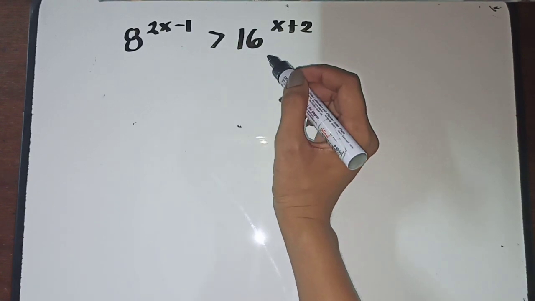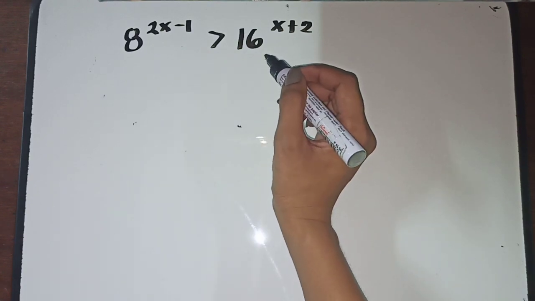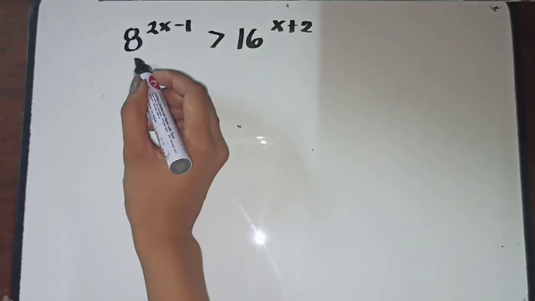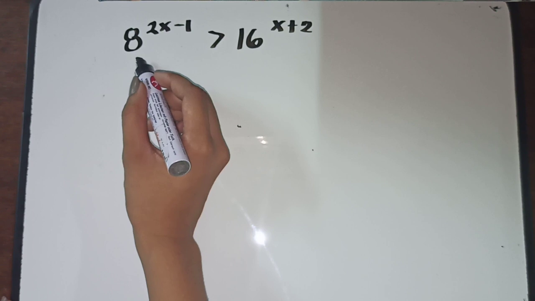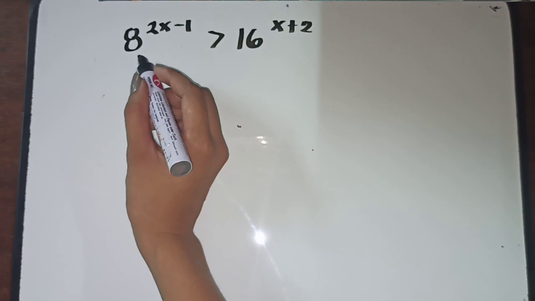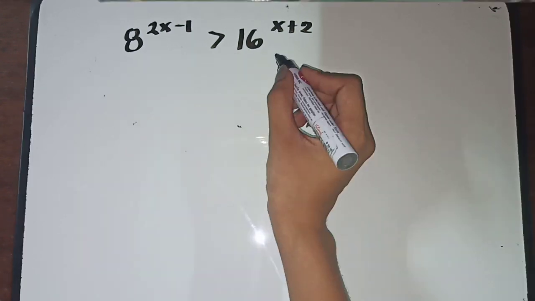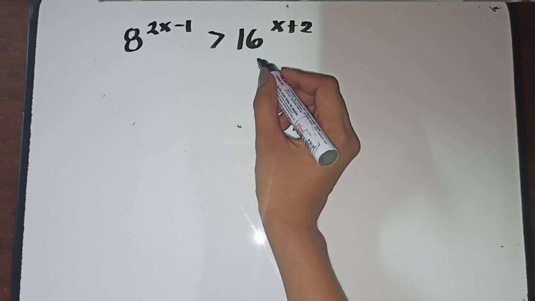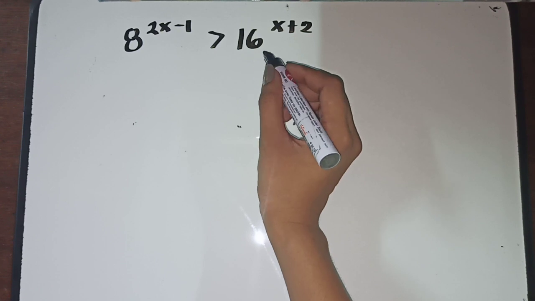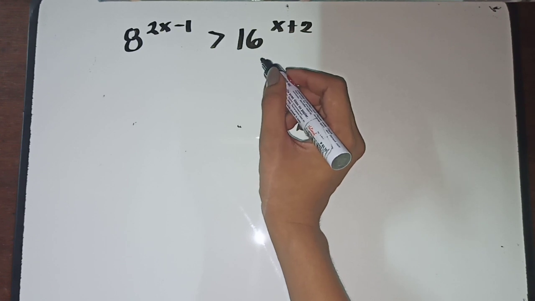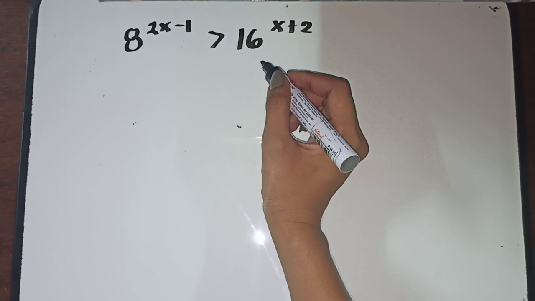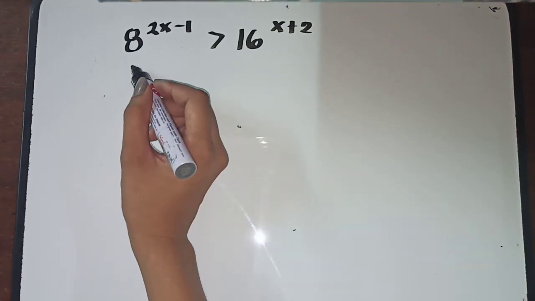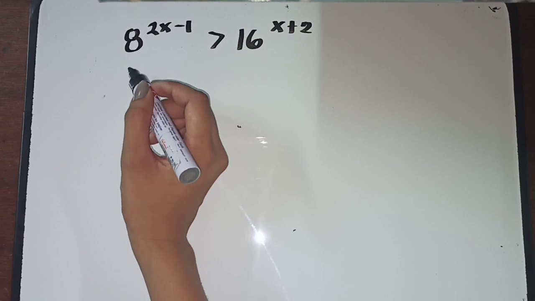So, paano kapag ganon? Ibig sabihin lang po, kailangan mong baguhin parehas. Kailangan mong baguhin itong 8. You need to change this 8 into an exponential form and you need to change this 16 into an exponential form. Kailangan mong baguhin parehas ng may magkatulad na base. So yung 8 po, ano yung exponential form ni 8?